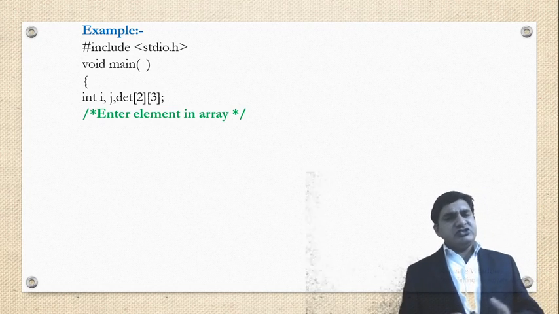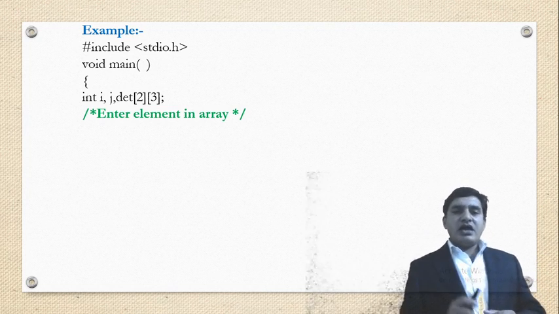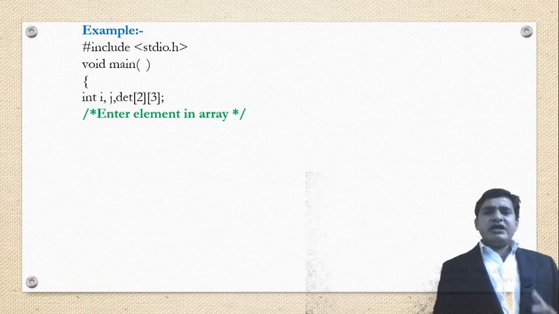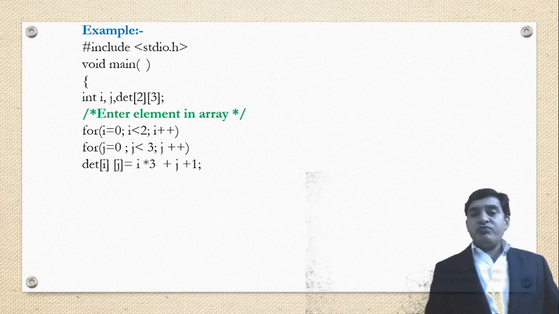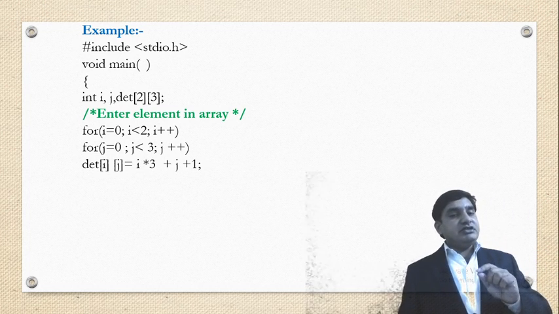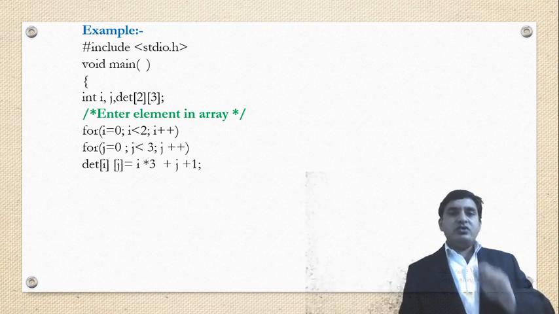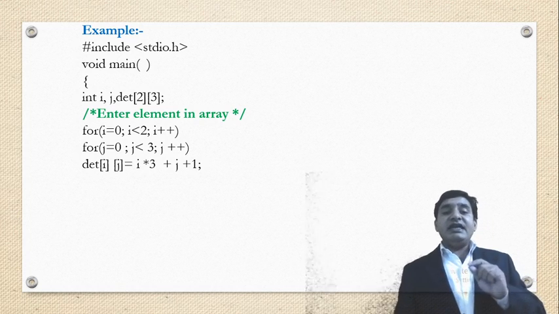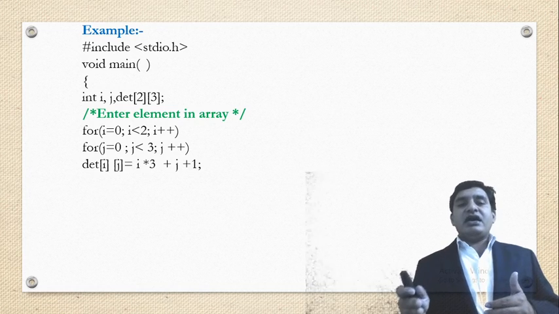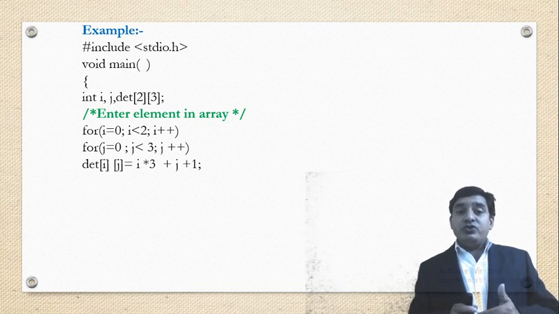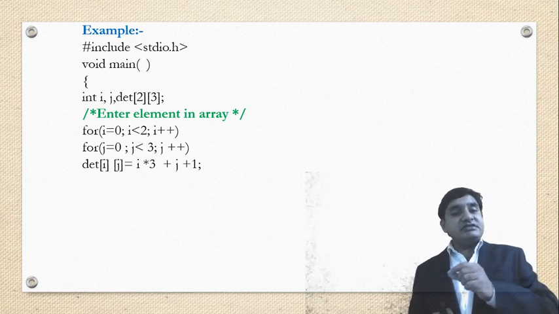For that we use a comment line, which is not executed during the execution of a program. We use a for loop. For that, i is equal to 0, i is less than 2, and we increment i.